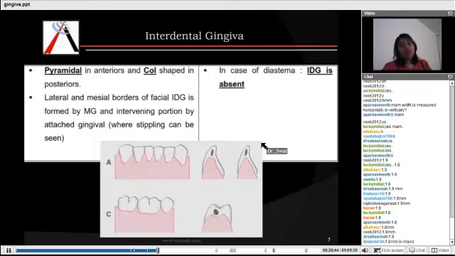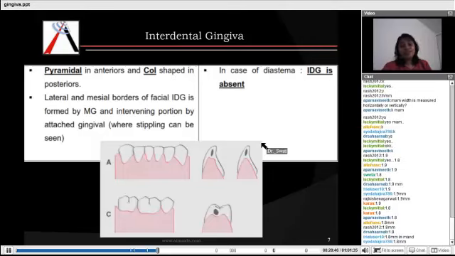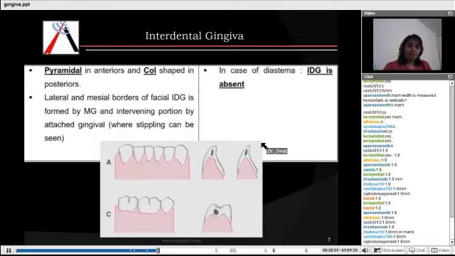Yes. And what about the width of attached gingiva in the maxillary incisor area? Okay, and how much was it in the mandibular incisor area? Aparna, we need the whole range.